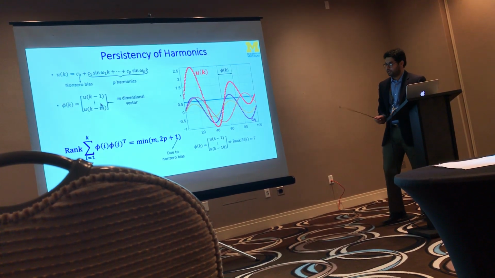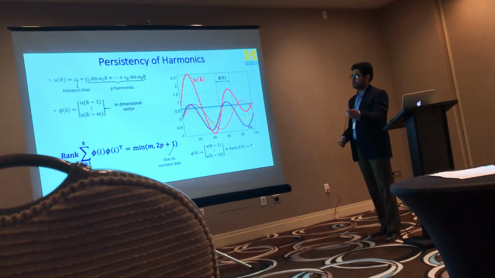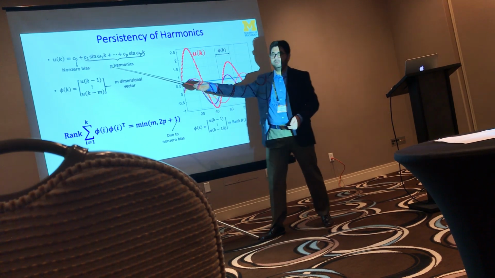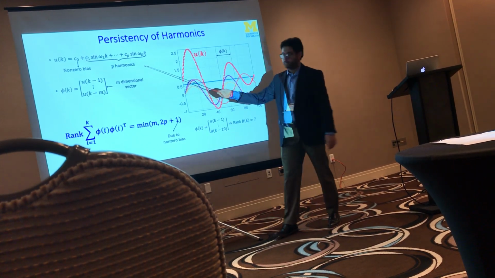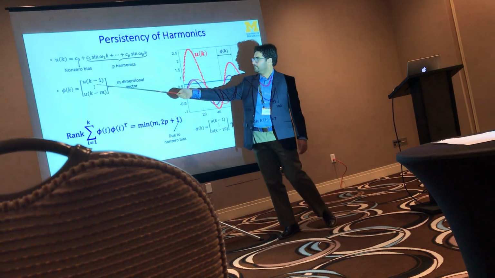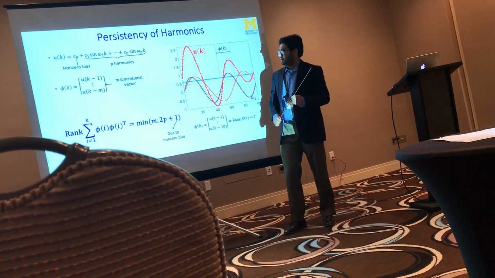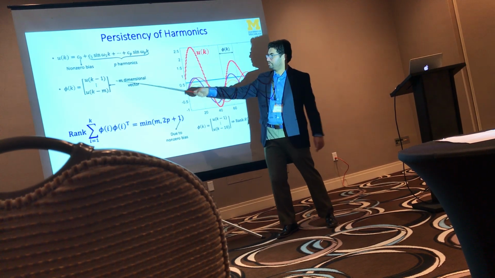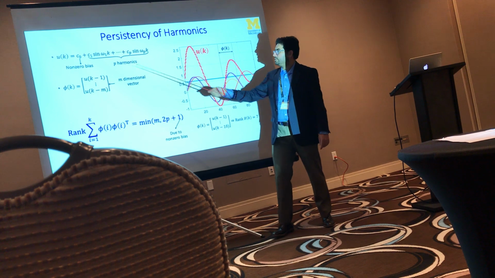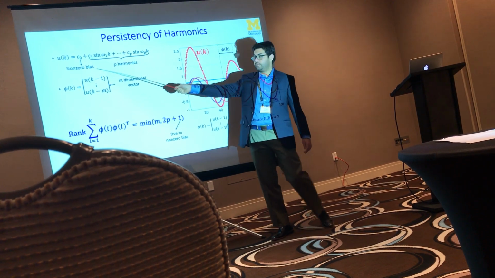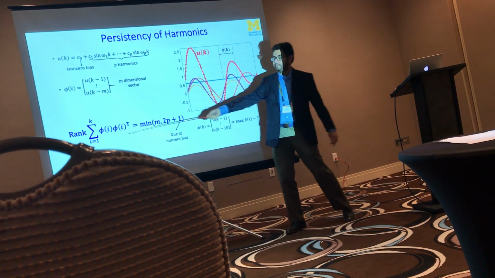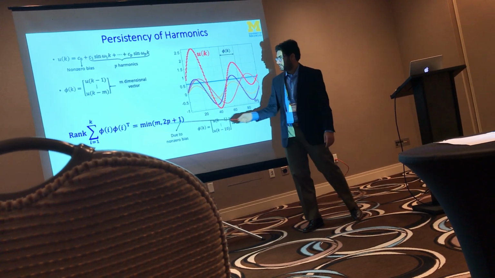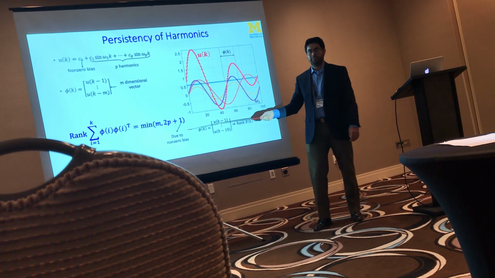Next, a little fact that I'll use to show an example. If you have a signal u of k, which is basically a sum of a non-zero constant and a bunch of frequencies, and you construct this vector phi of k using the samples from this signal, an n-dimensional vector using m values of u of k, and this u of k contains p harmonics and one non-zero bias, then if you construct this matrix, where k is much larger than m, its rank is going to be one of these two numbers.